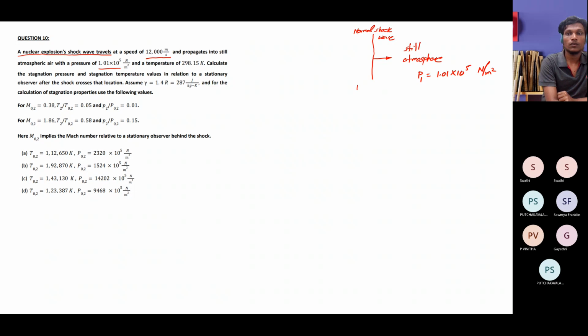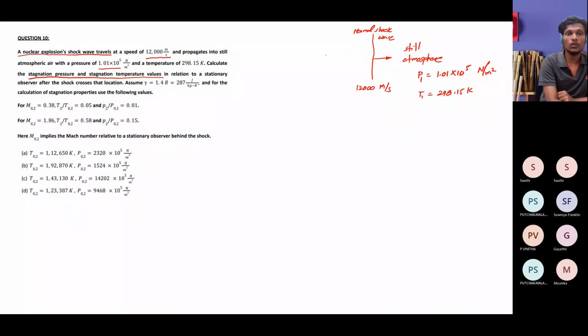This is 12,000 meters per second. And the temperature is T1, and this T1 is 298.15 Kelvin. The question is to calculate the stagnation pressure and stagnation temperature values in relation to the stationary observer after the shock crosses the location.